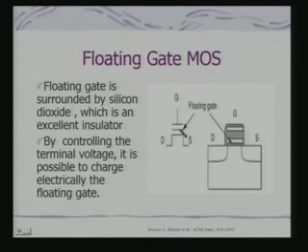So, if this gate is charged, the charge will not leak out. By controlling the terminal voltage, it is possible to electrically charge the floating gate, and that is why you require special voltages to write onto these chips. There have also been enhancements in circuitry making them electrically erasable in terms of each bit or each block. So, the basic technology is that of floating gate MOS.